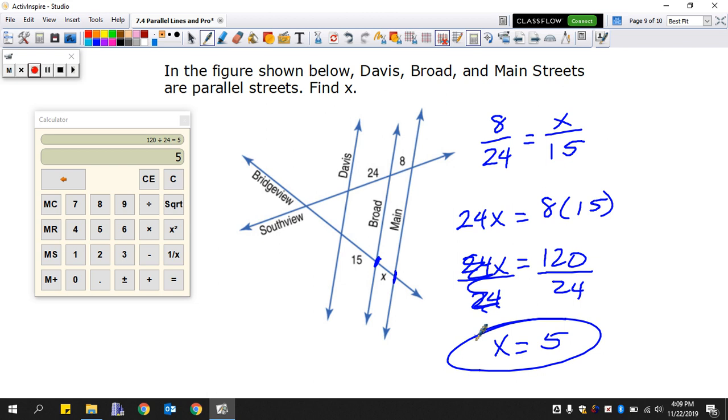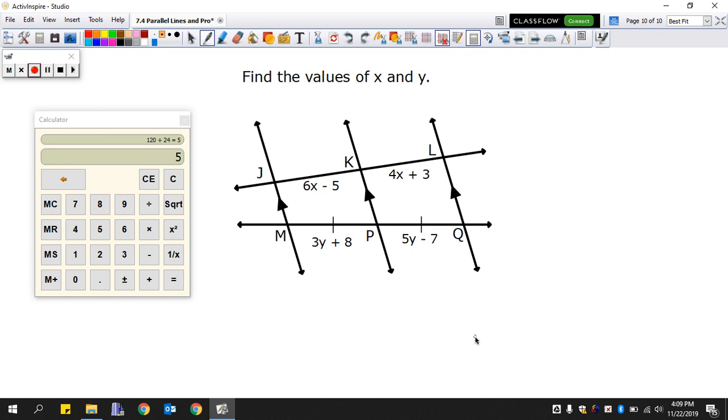For our last example, we're going to do one that has something other than just numbers and a single variable. We're going to find the values of x and y.